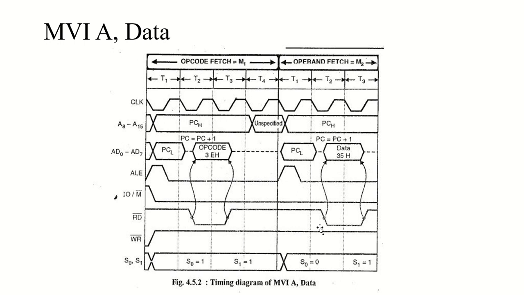And if I ask you how many bytes does this instruction MVI A comma data require, what would be the answer? This MVI A comma data will require 2 bytes. This is a 2 byte instruction because it is operating with two different cycles, opcode fetch and operand fetch.